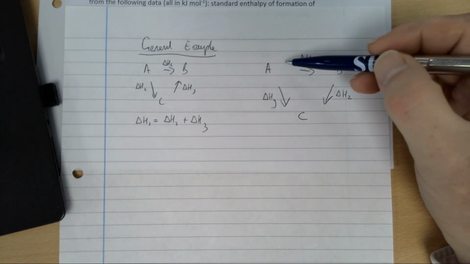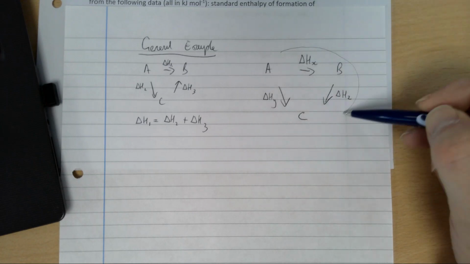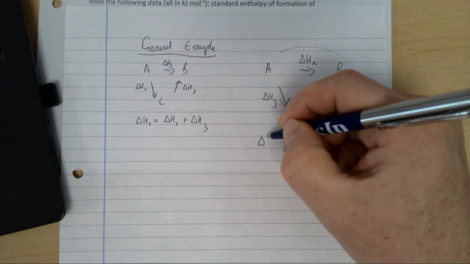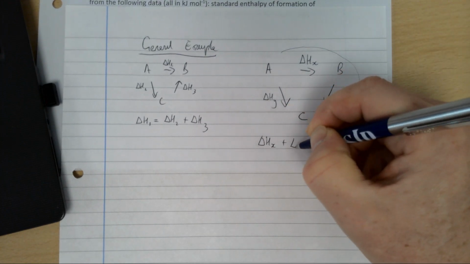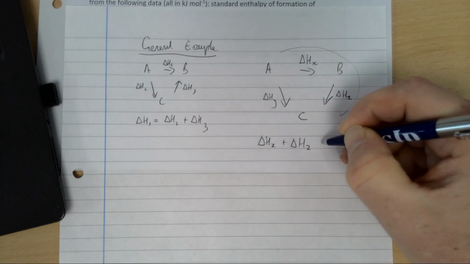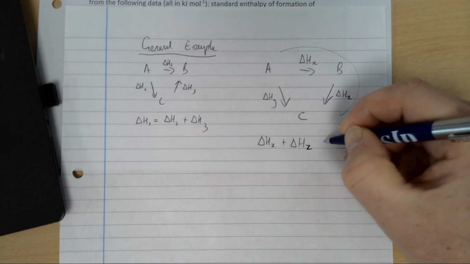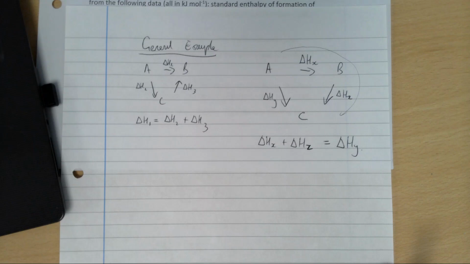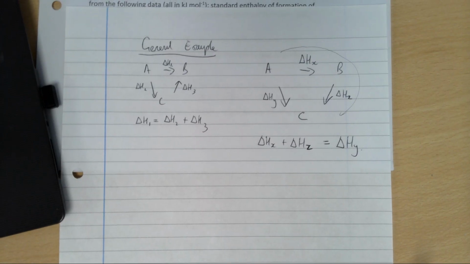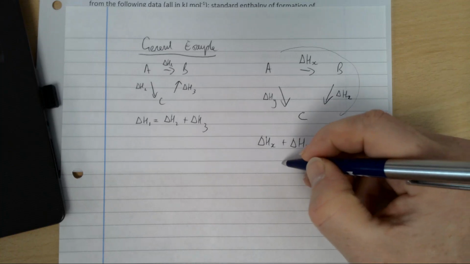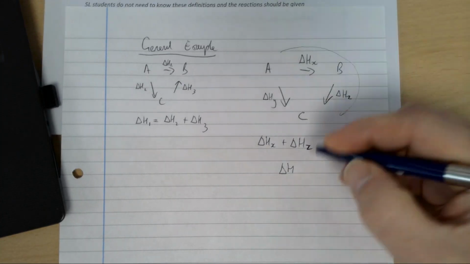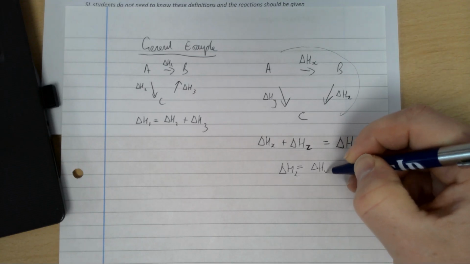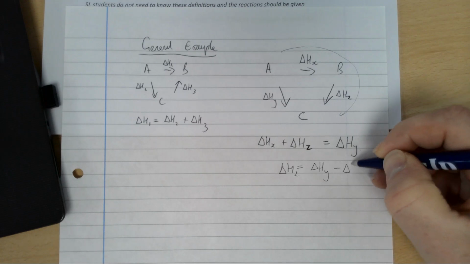Delta HX and delta HZ are clockwise, and delta HY is anti-clockwise. So if I wanted to work out delta HX, I'll have to do a tiny bit of year 7 algebra and say that delta HX is equal to delta HY take away delta HZ.